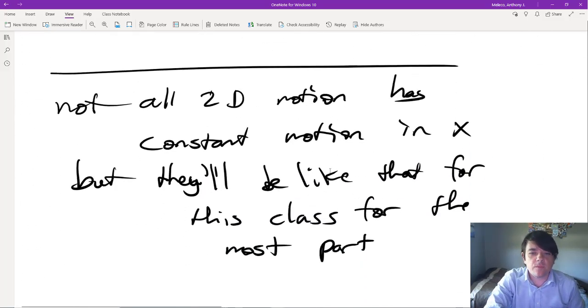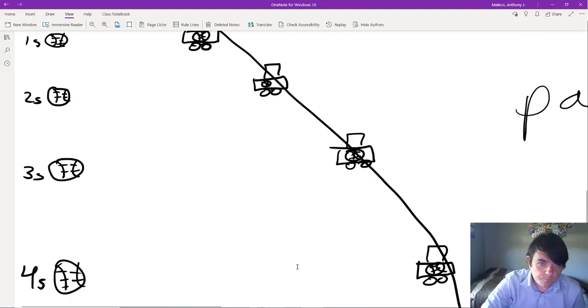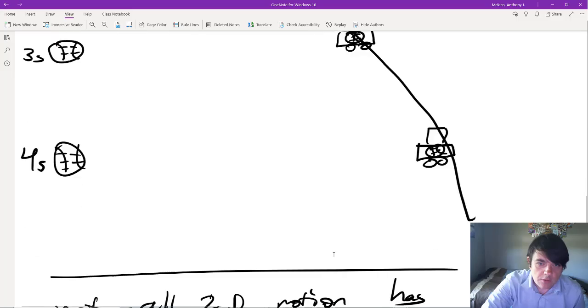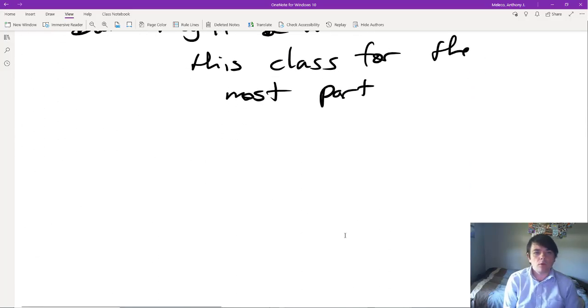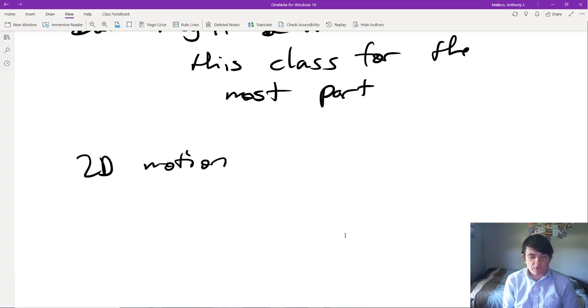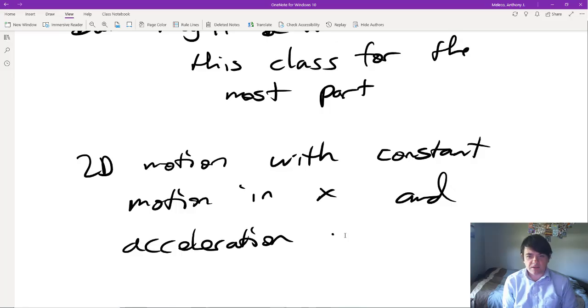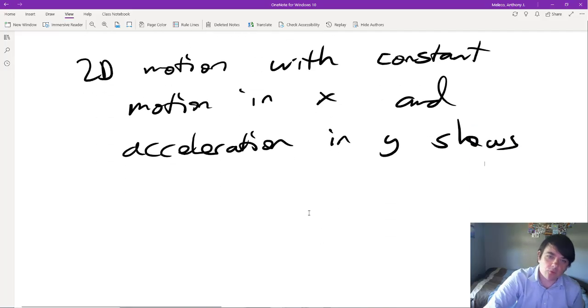Notice also what this means. This type of thing right here, where you combine them and look at the motion, 2D motion with constant motion in x and acceleration in y, actually shows us something pretty cool.